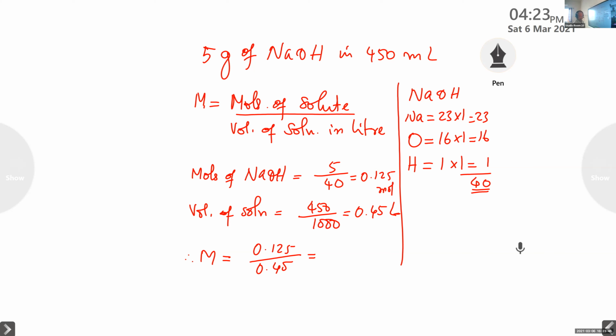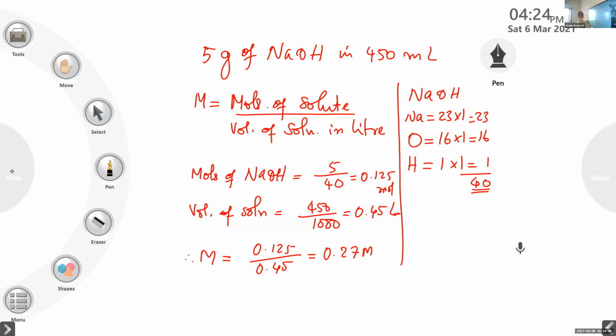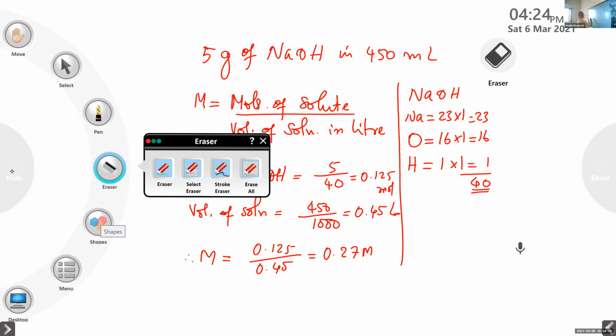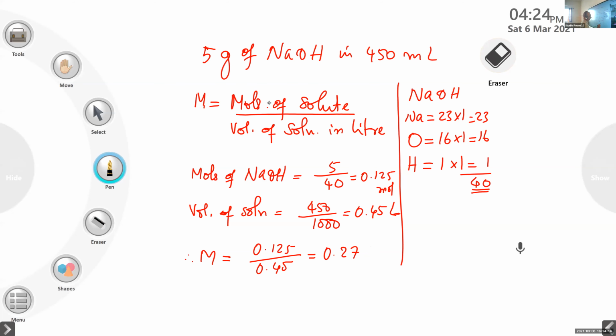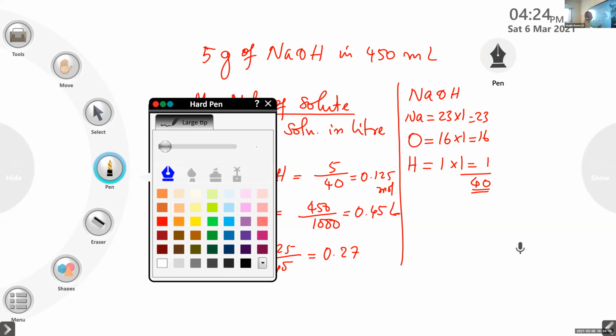On simplification, the value will be 0.278 molar.